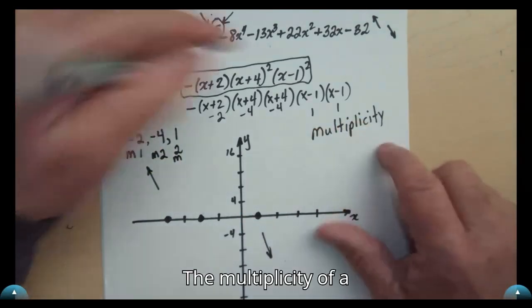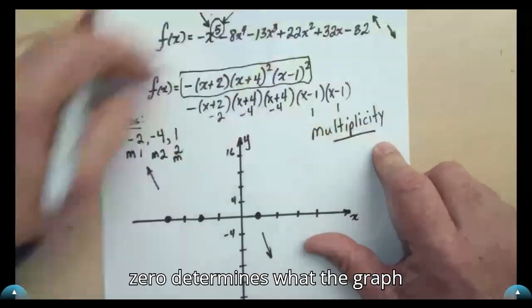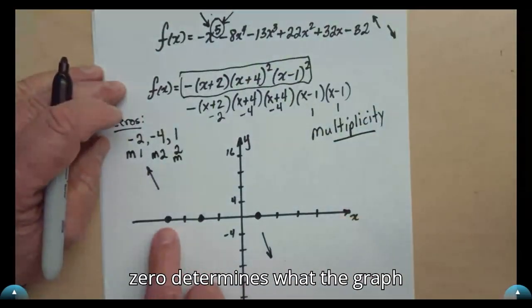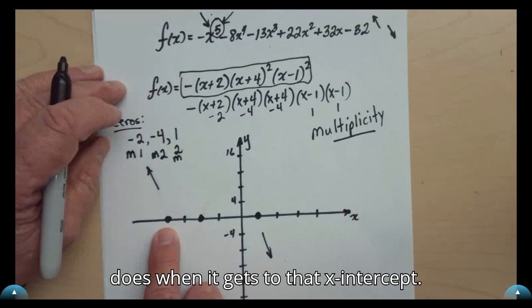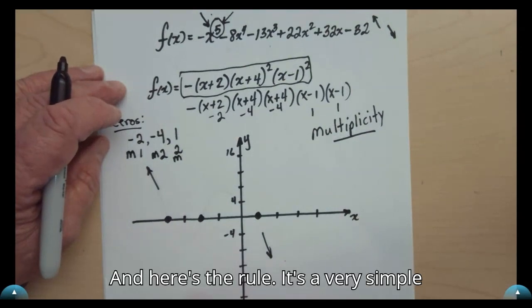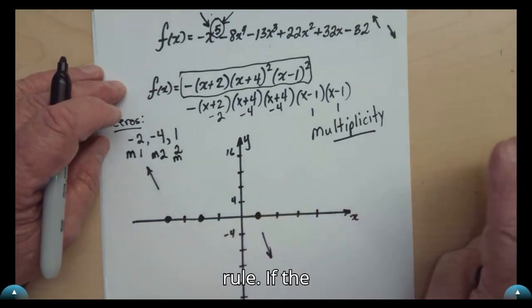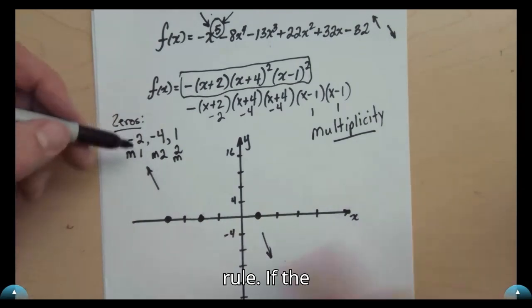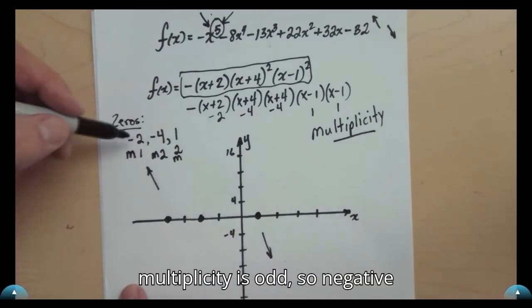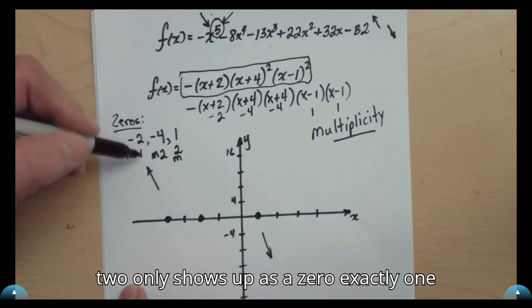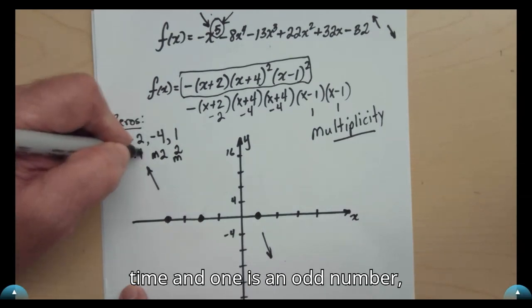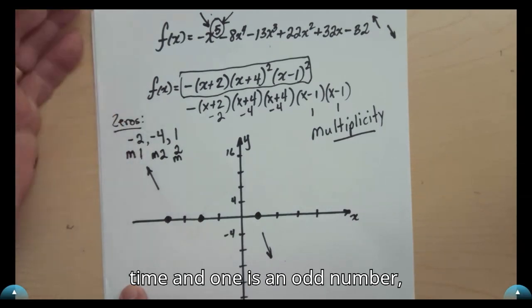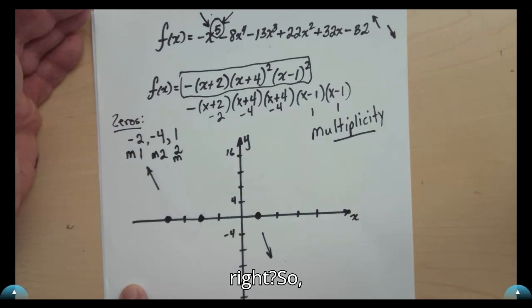The multiplicity of a 0 determines what the graph does when it gets to that x-intercept. And here's the rule. It's a very simple rule. If the multiplicity is odd, so -2 only shows up as a 0 exactly 1 time, and 1 is an odd number, right?